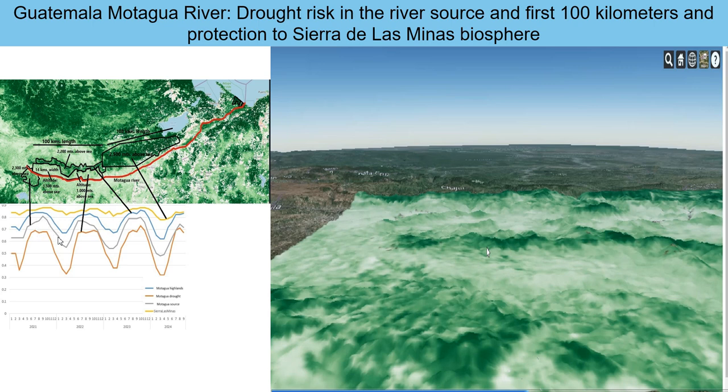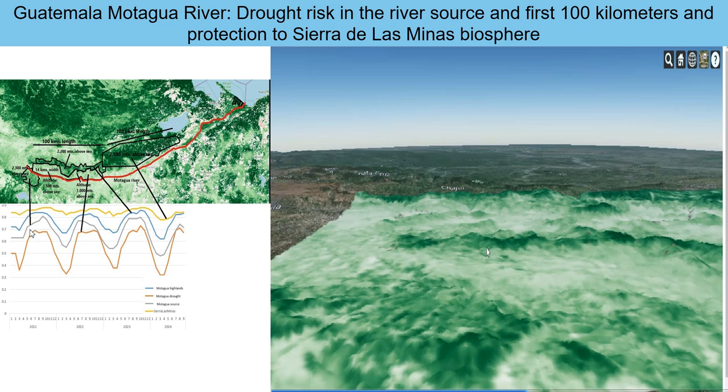This is the gray line of the chart, and we can see that it oscillates from the year 2021 to the year 2024 between 0.6 and 0.8, depending on the summer or the rainy season.